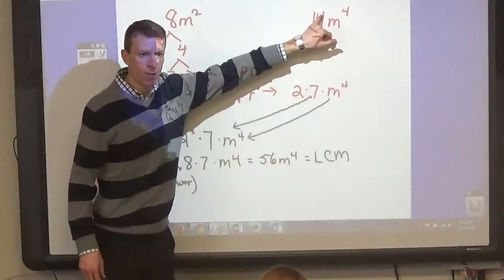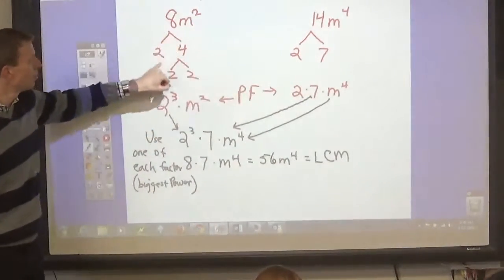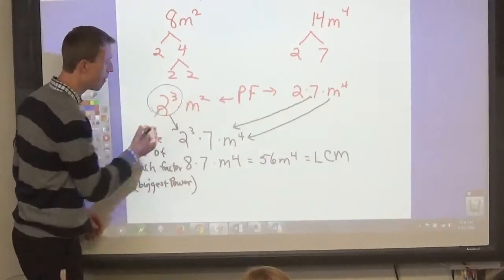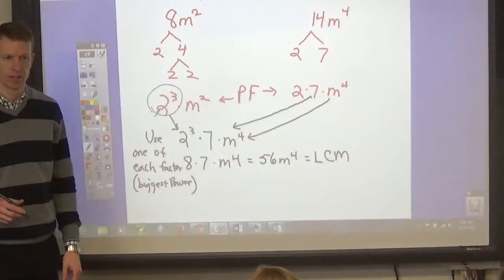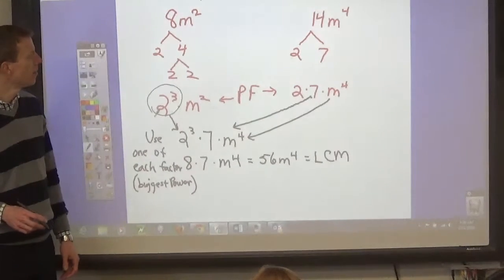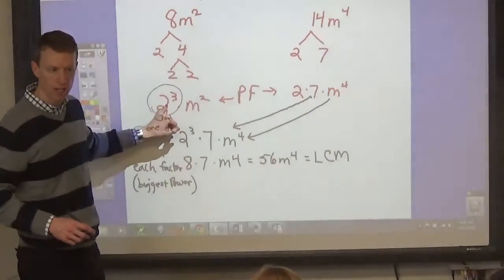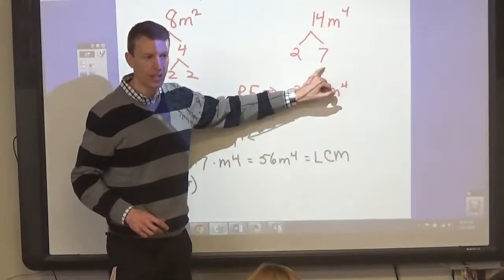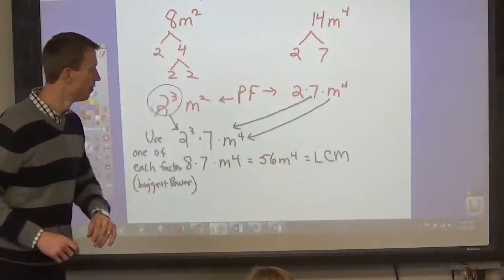This number, number 14, has a 2 to the first power, but the 8 has a 2 to the third power. So we have to use a 2 to the third power in our ingredient, okay? And we've already used 2's in our formula, but we have to use a 7 because there's a 7 in both numbers.